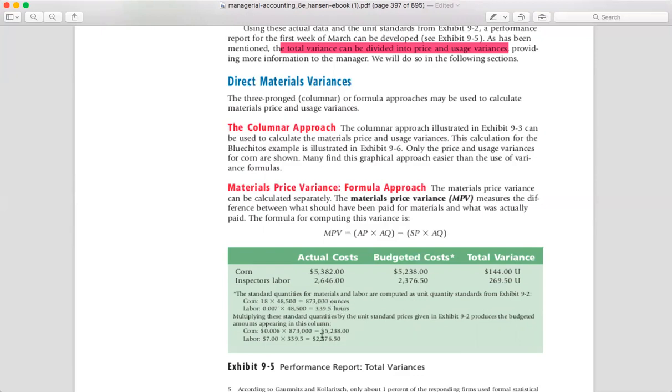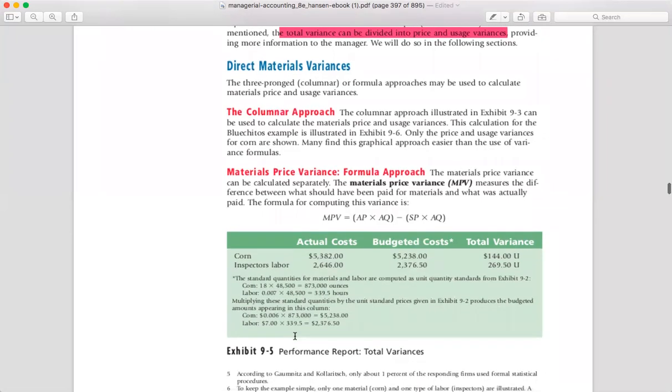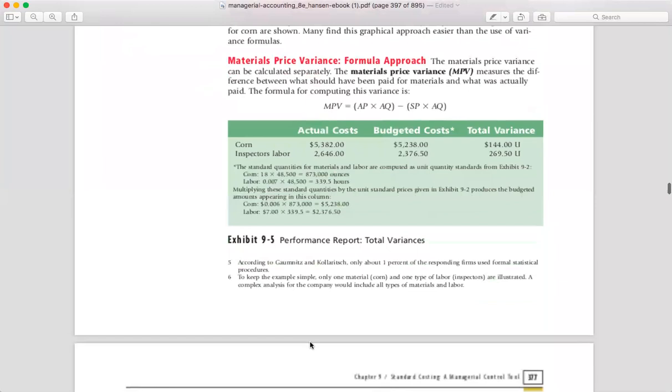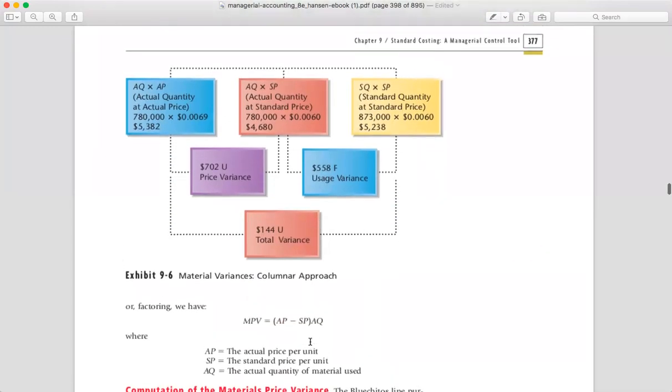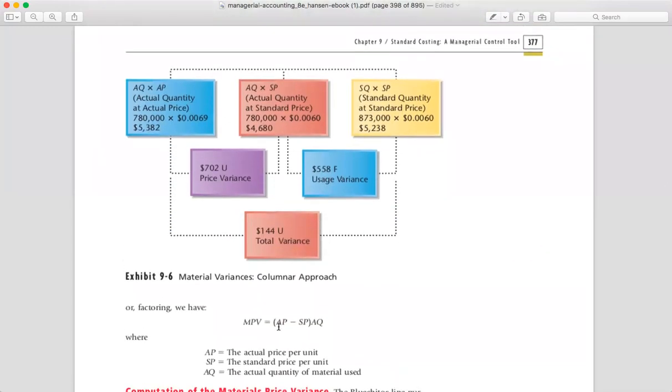And the standard is also like this. So this is the one that I said before: the actual price per unit times the standard price times the actual quantity that has been used.